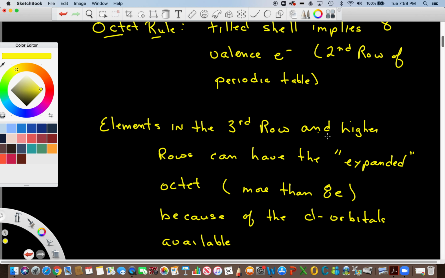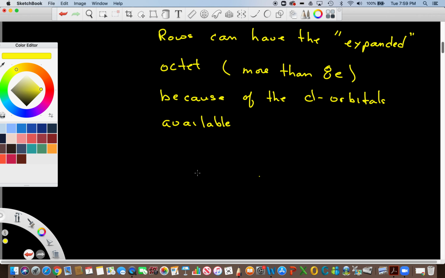Elements in the third row or higher can have what is known as the expanded octet rule, which means there's the d block working for them. So we could have sulfur tetrafluoride. And we'll eventually get into molecular structures.